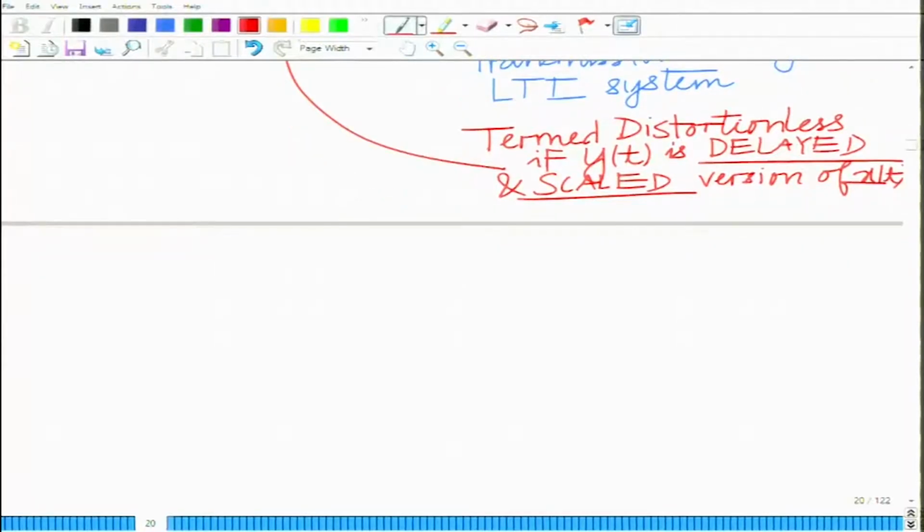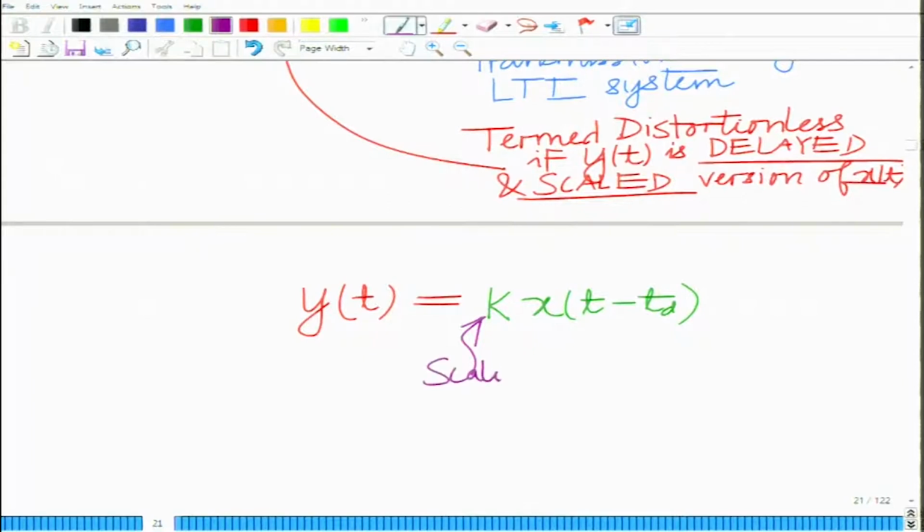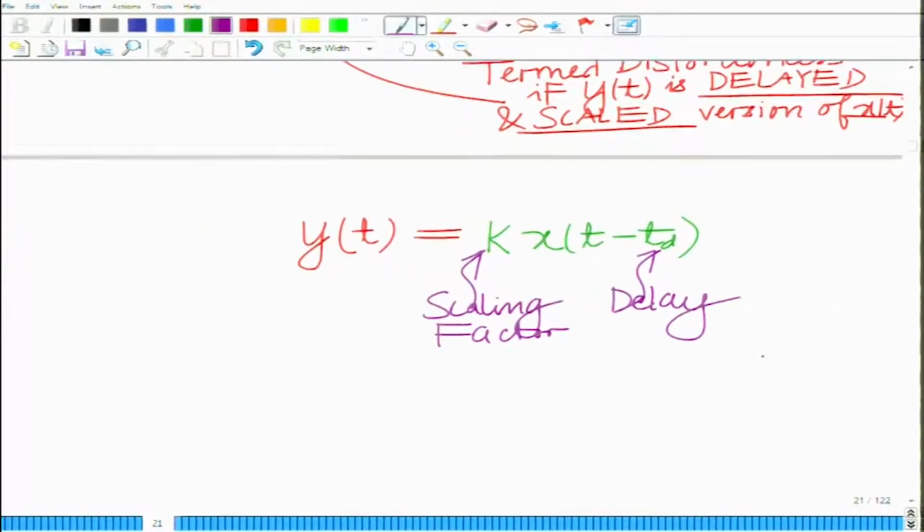So, y t should not distort x t, but y t can differ from x t only to the extent that it is a scaling factor k times x of t minus t d. So, this is your k, which is your scaling, and this is the delay.